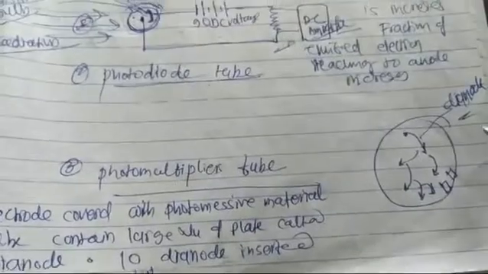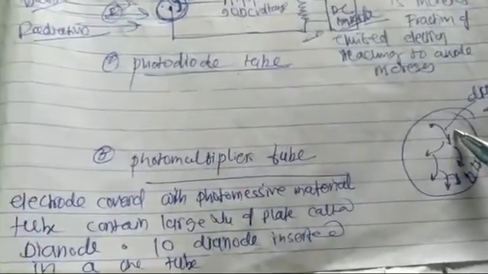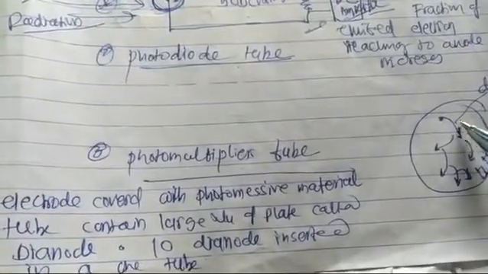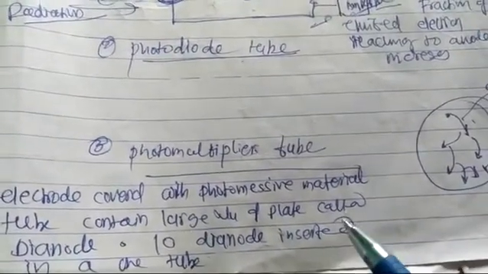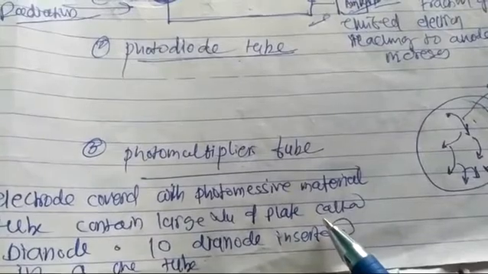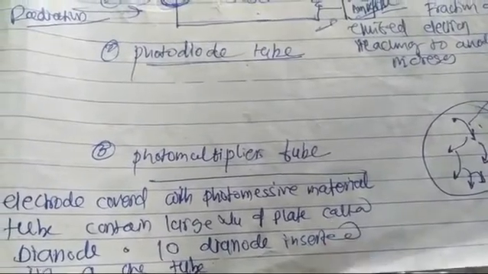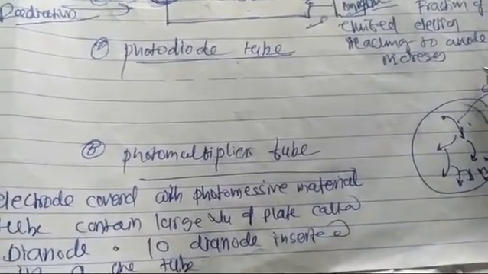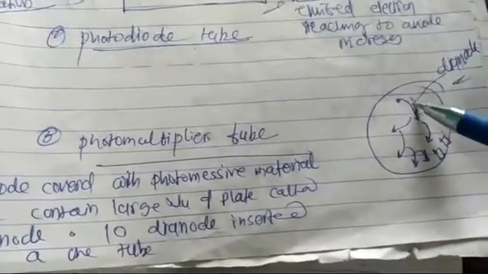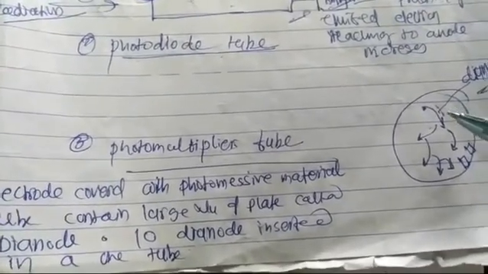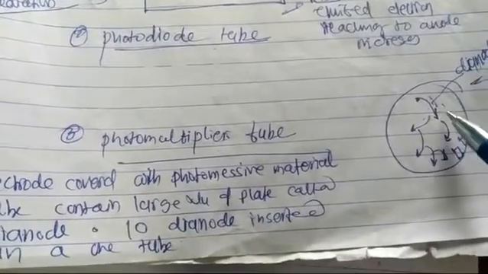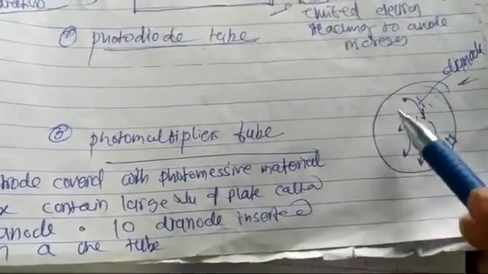Next, the photomultiplier tube. In the photomultiplier tube, the electrode is covered with photoemissive material, silver or other material. It contains a number of plates, which are known as dynodes. There are 10 dynodes inserted in one tube.